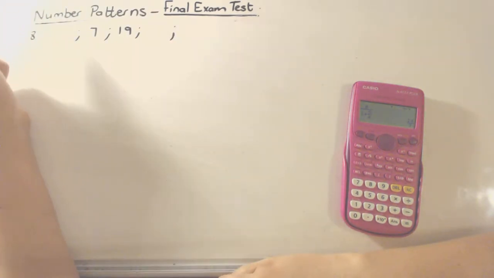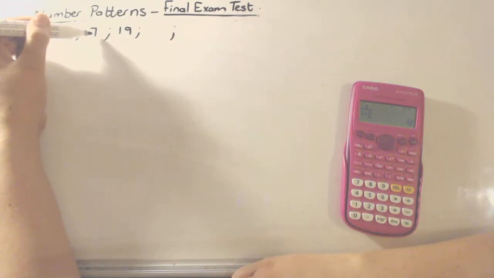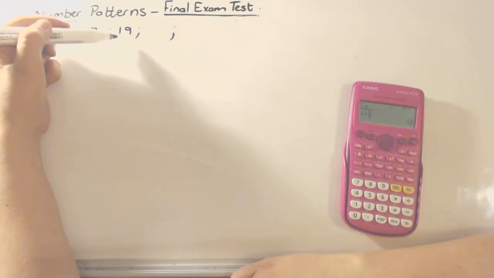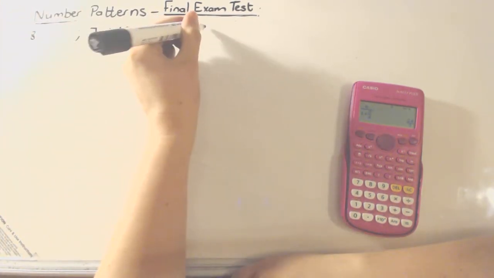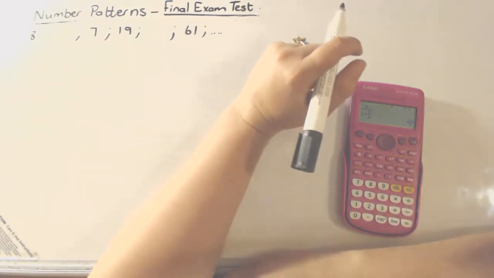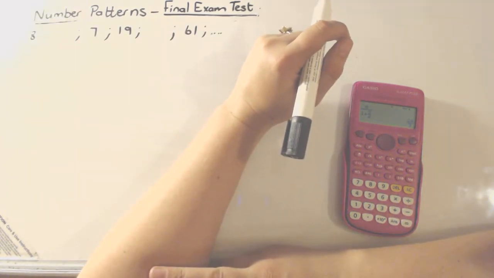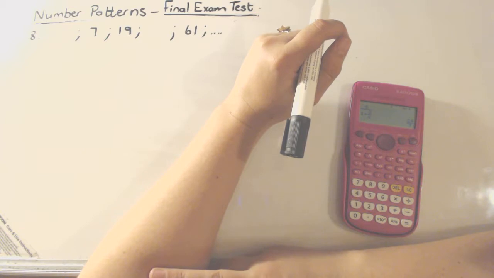A quadratic pattern has a second term of 7, a third term of 19, and a fifth term of 61. And then they say calculate the second difference of the quadratic pattern, and hence or otherwise calculate the first term.